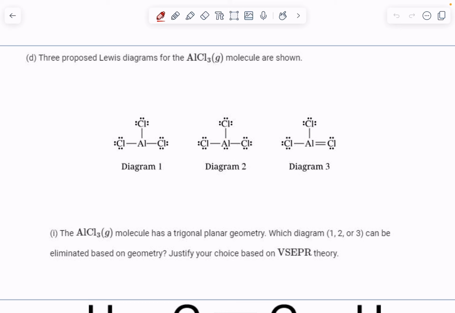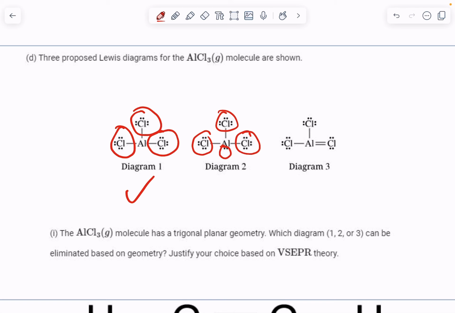So trigonal planar, the most important thing, has three electron domains, or three areas where we have bonding occurring, or lone pairs. So diagram 1 does have that. We've got a domain here, here, and here. So that's trigonal planar. Here in diagram 2, though, we've got an electron domain here, here, here, and here.